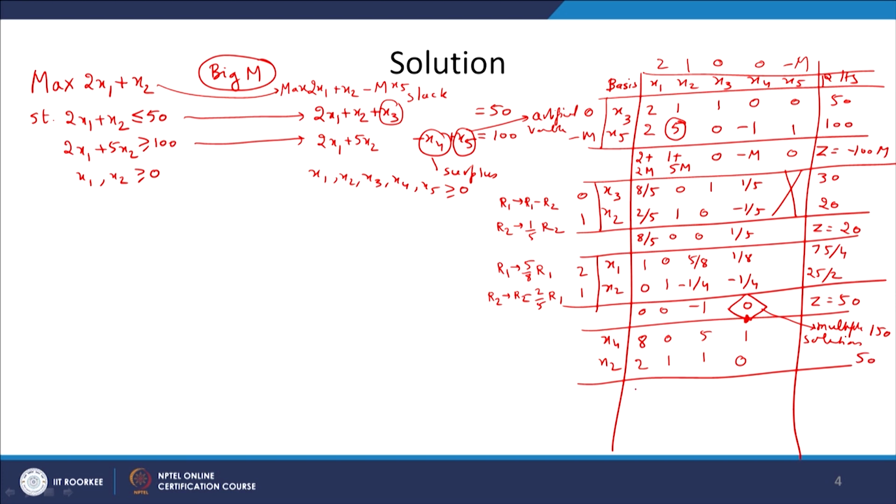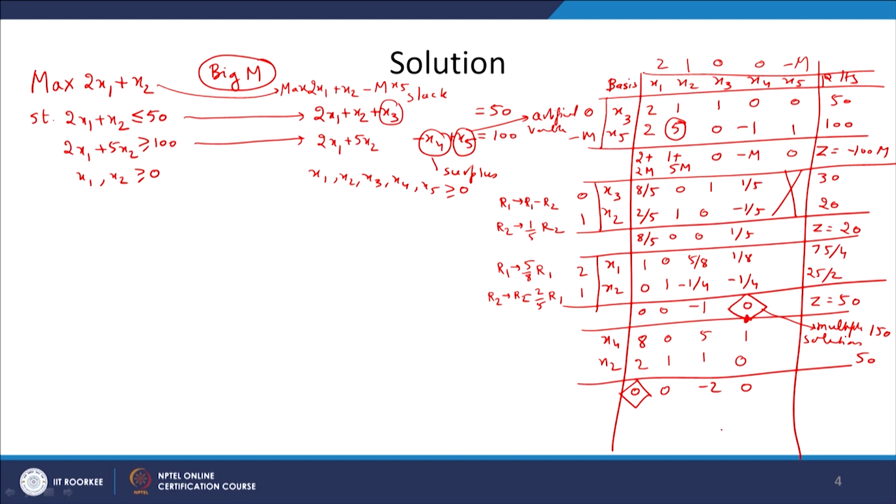And again, if you look at the deviation entries, you get 0, 0, minus 2, 0. Here again you find that this entry 0 is occurring, although this is not a basic variable. Therefore, what do we get? We get that we have two solutions.